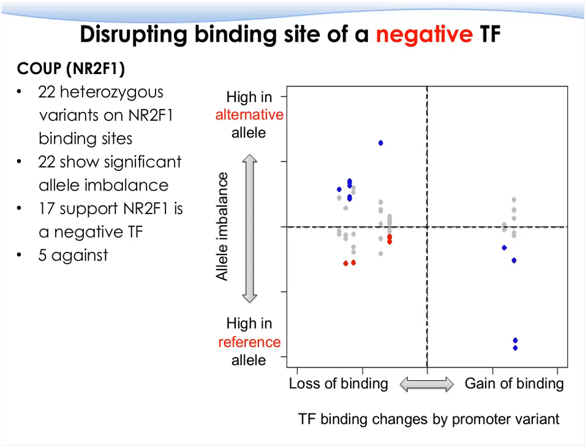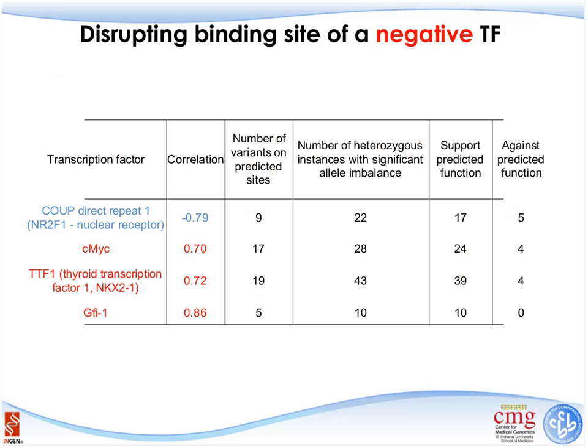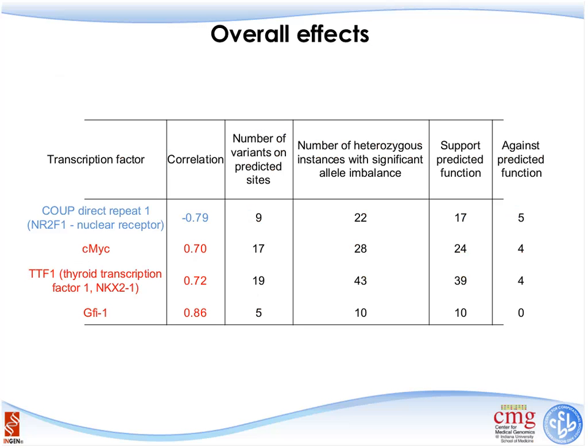So these are some examples showing that using this deeper bioinformatics analysis, we can understand how the transcription factor works in this particular scenario. And the overall result for this example is that we identified one negative transcription factor and three additional positive factors that will increase the gene expression levels.